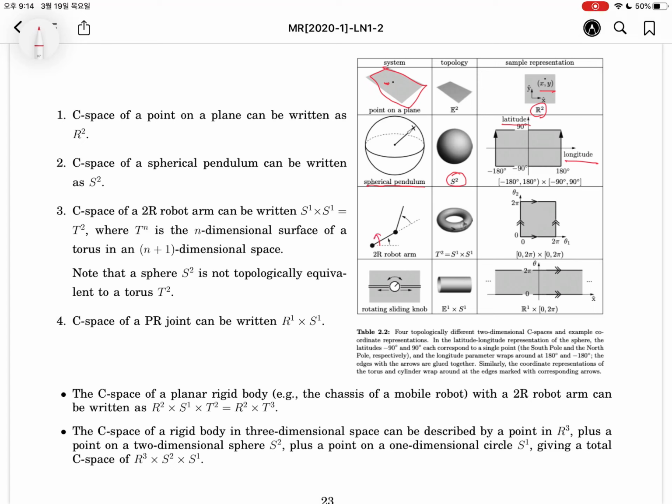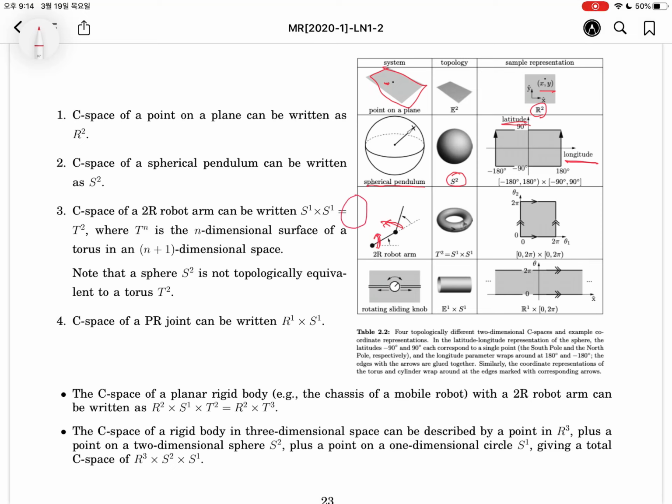On the other hand, the 2R robot system, it is one R, and this is another R. These two angular variables cannot be described by using the longitude and the latitude. It means these two variables are independent of each other.